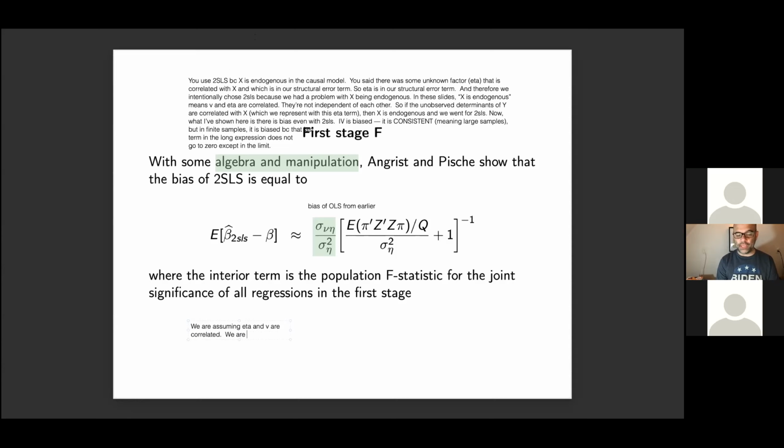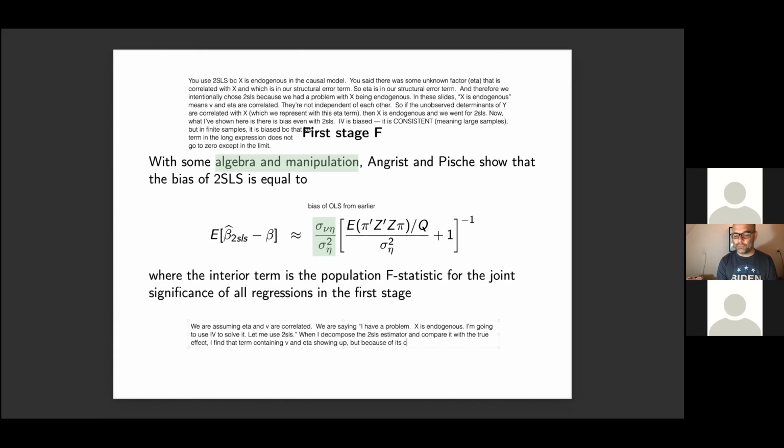We are saying I have a problem. X is endogenous. I'm going to use IV to solve it. Let me use two-stage least squares. When I decompose the two-stage least squares estimator and compare it with the true effect, I find that term containing V and eta showing up.